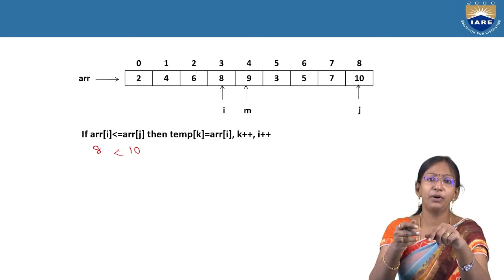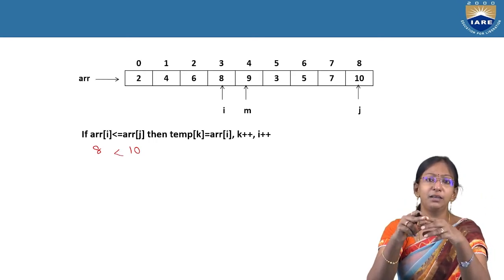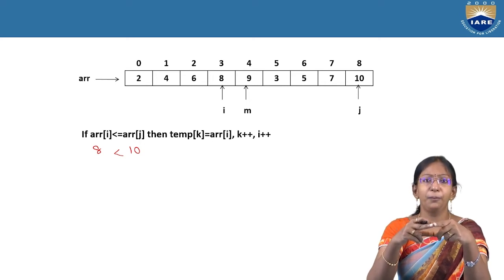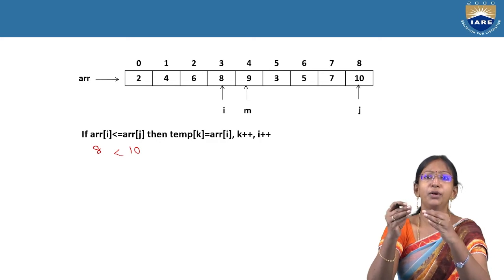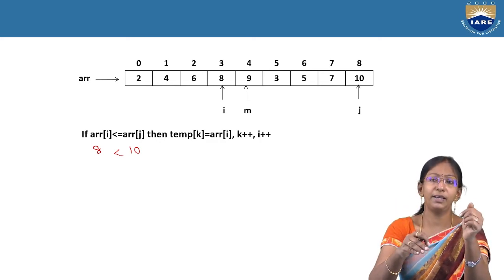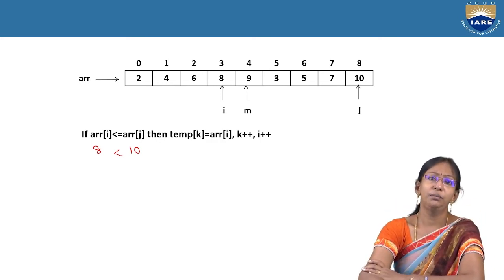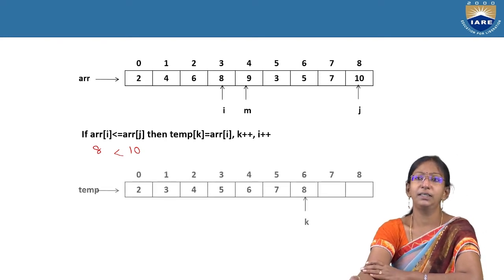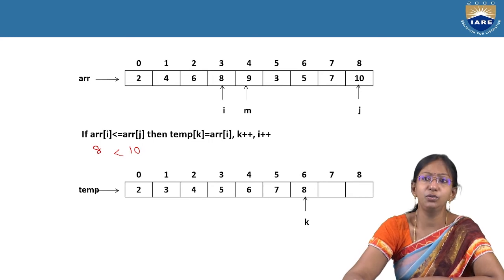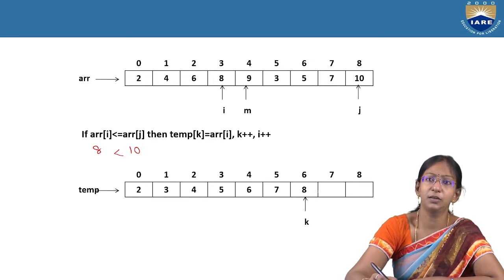That is, the element pointed by i is less than the element pointed by j. So i won the bet. So as i won the bet, I'm going to copy the content of i into my final list, right? So I'm going to copy the content 8 into the temporary list.